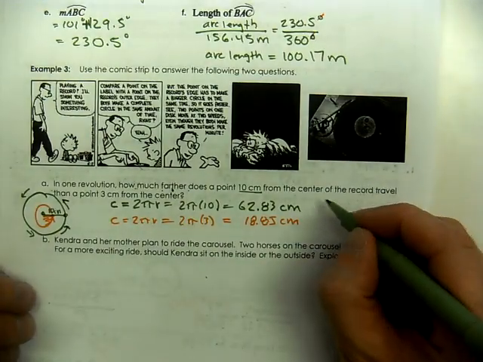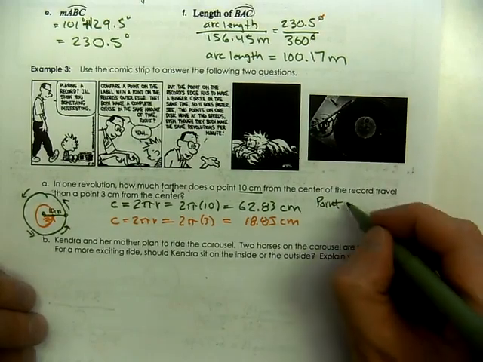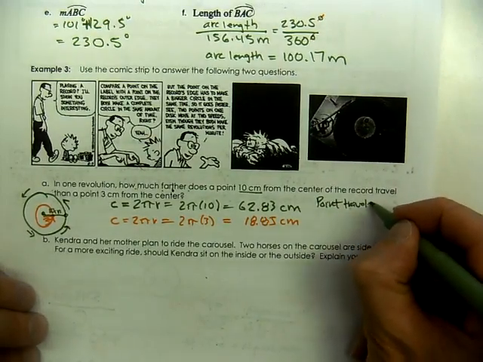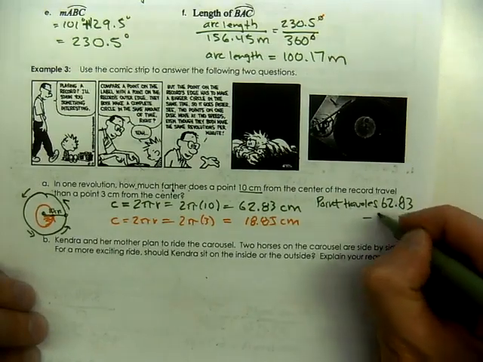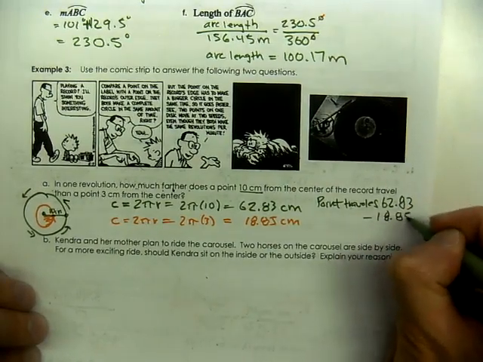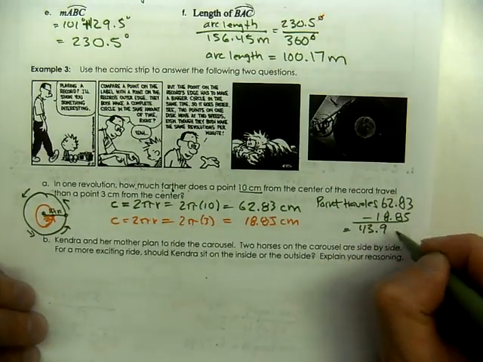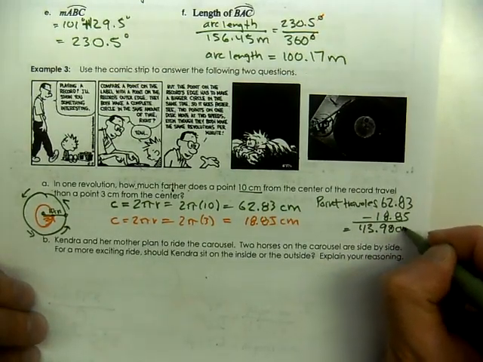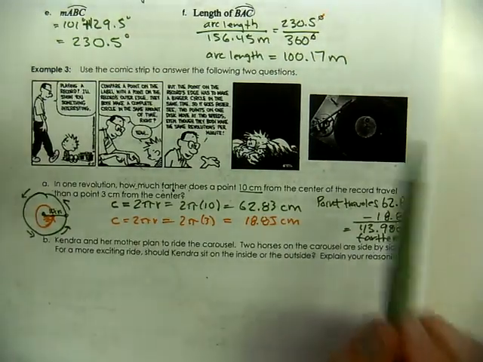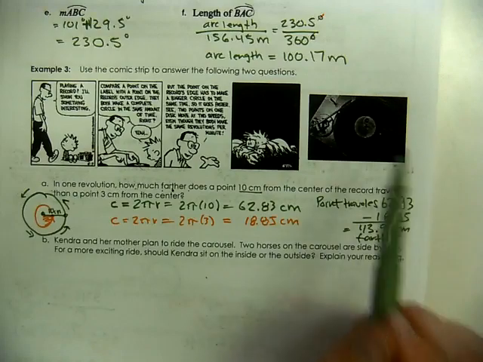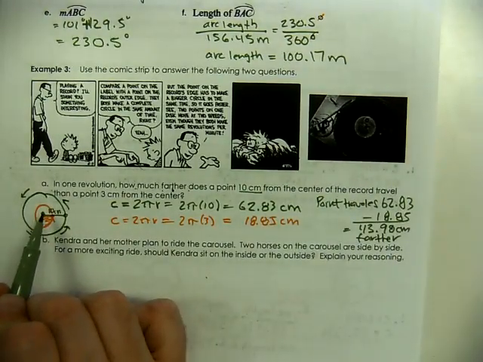Let's do a subtraction problem. We'll take that 62.83 and subtract the 18.85, and we get 43.98 centimeters farther. So even though it's the same record, your position on the record will trace a different sized circle.